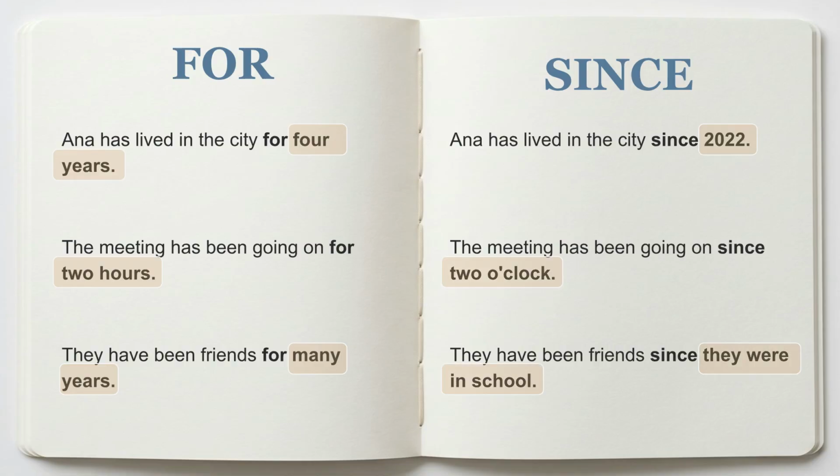Since names the starting point. Notice also you can often calculate one from the other. If the meeting started at 2 p.m. and it's now 4 p.m., then since 2 o'clock and for 2 hours are 2 ways of saying the same thing. Native speakers choose based on which piece of information they have or which they want to emphasize.